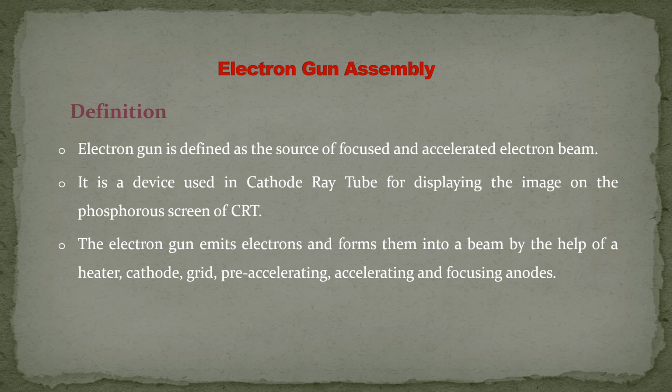The electron gun emits electrons and forms them into a beam with the help of a heater, cathode, grid, pre-accelerating, accelerating and focusing anodes.